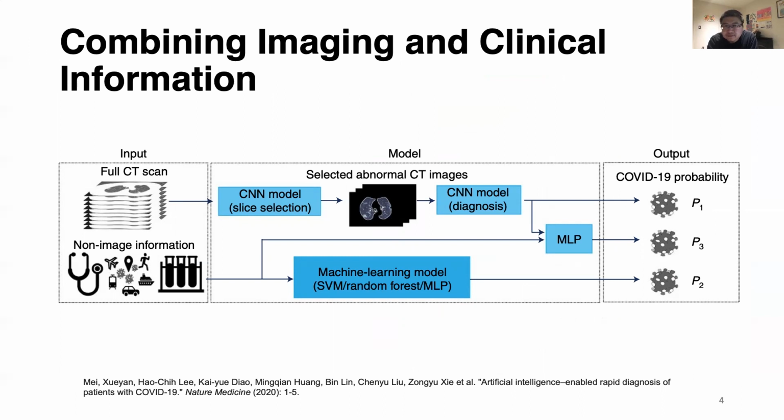And this is the pipeline of their proposed model, where 3 AI models are used to generate the probability of a patient being COVID-19. The first one is based on the chest CT scan, similar to what we have seen in the previous example. The second is on clinical information. And the third one is on the combination of chest CT scan and clinical information.